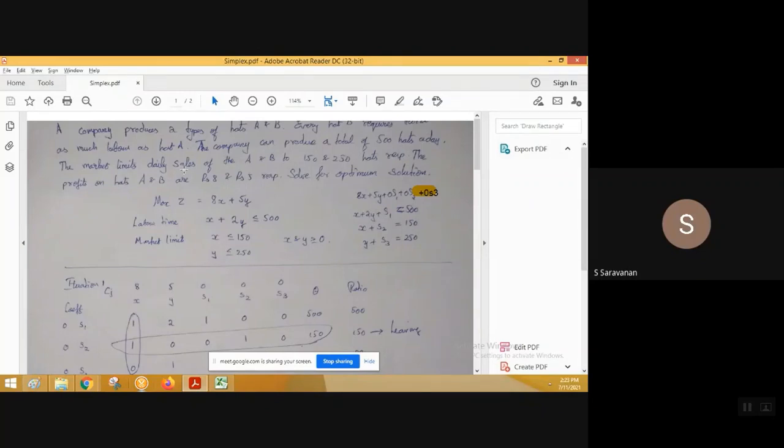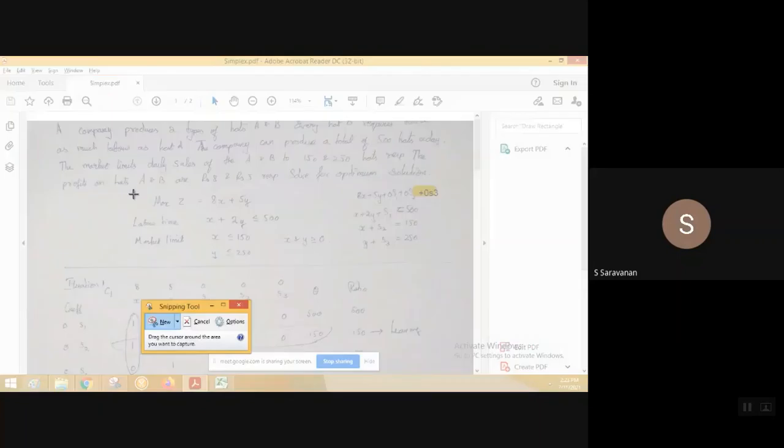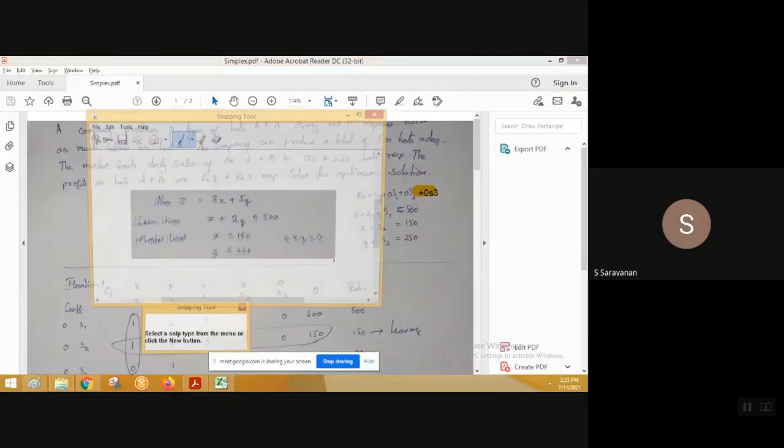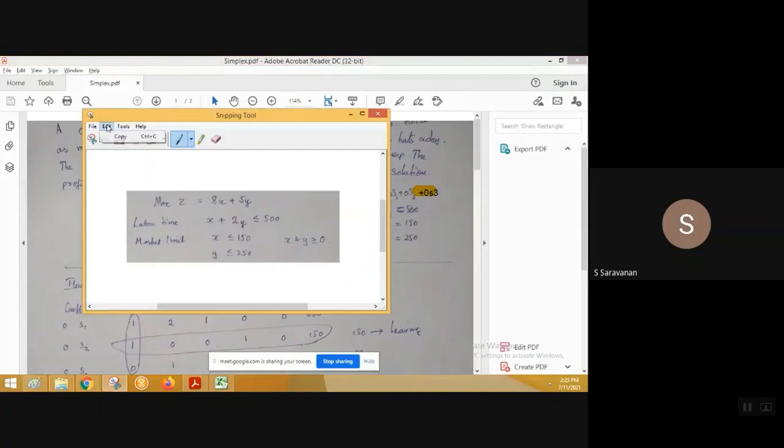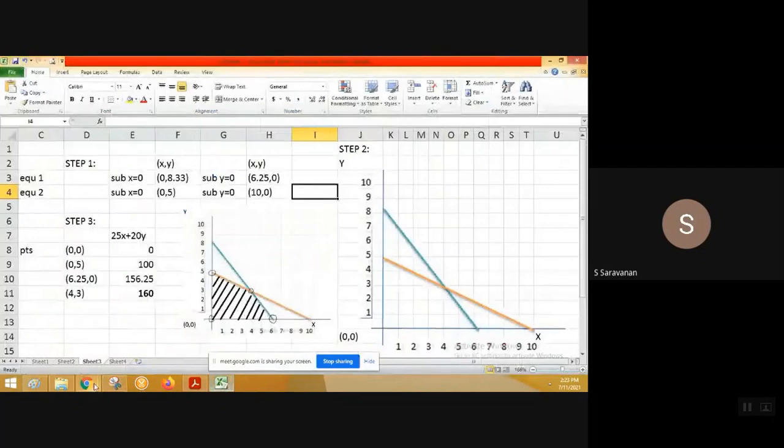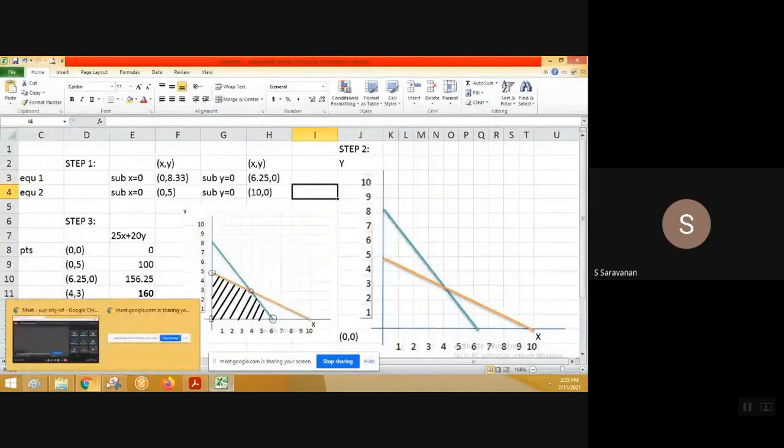So we have equations here. Again, I will make a note. So this is the question.